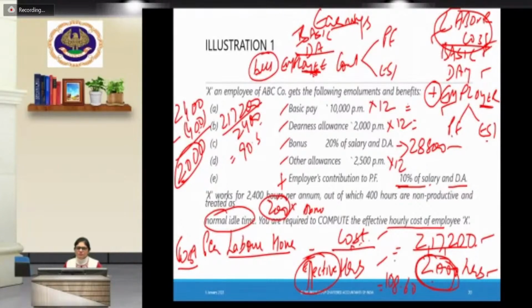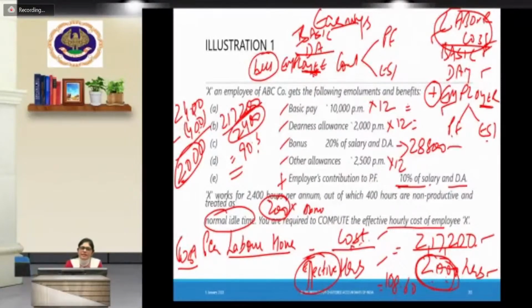Now look at this, students. Earlier, when I divided by the total hours, the rate per hour was 90.5. But when I calculate from effective hours, the rate has increased. Labor cost per hour will increase. I have to divide by the productive hours because only they will cover the cost.